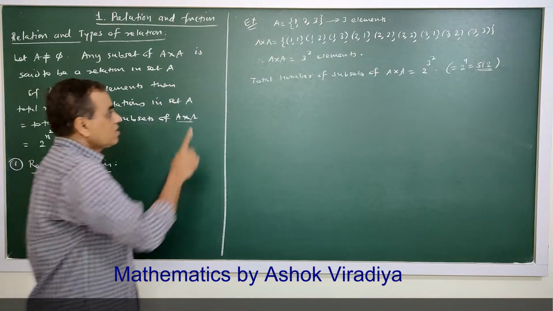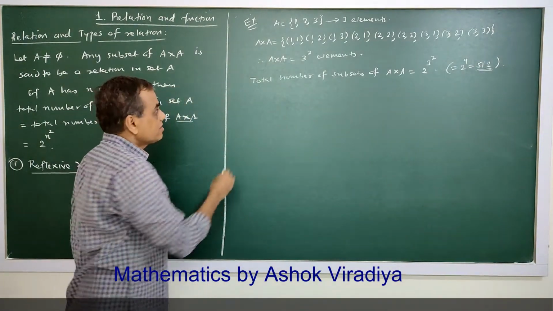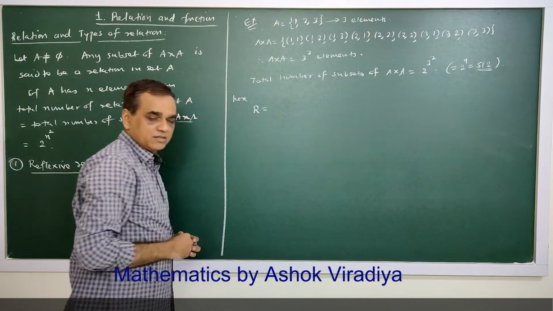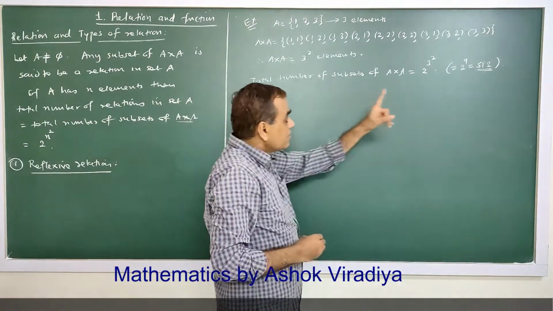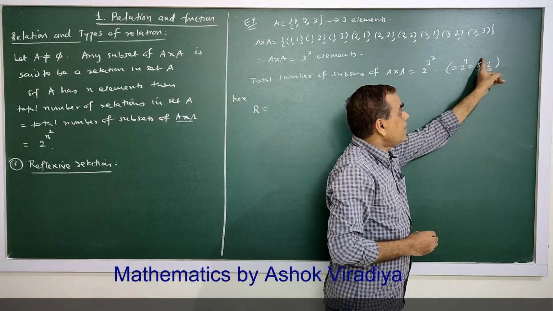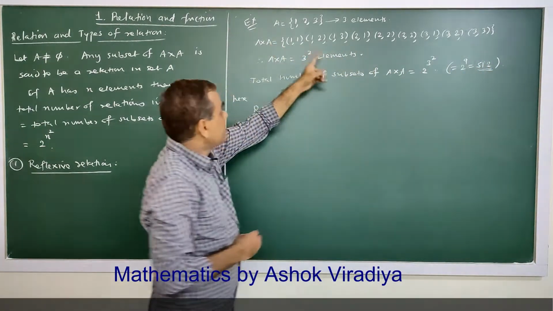Suppose here we take a relation, taking relation R. Suppose relation R, that means any subset, any member from this family. There are 512 subsets.